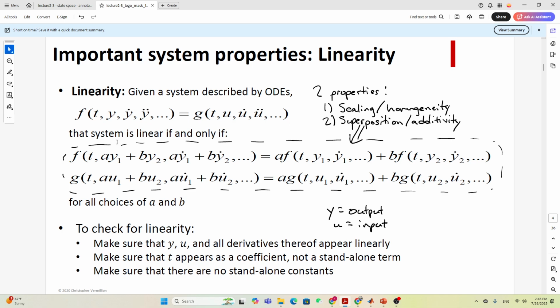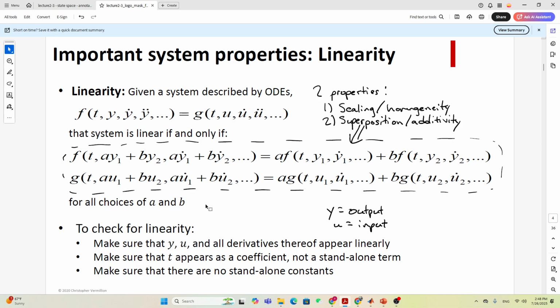So g of t, g is a function of time, u is an input, and y you can consider as an output. So to check for linearity, we make sure that the time t appears as a coefficient, not just a standalone term.